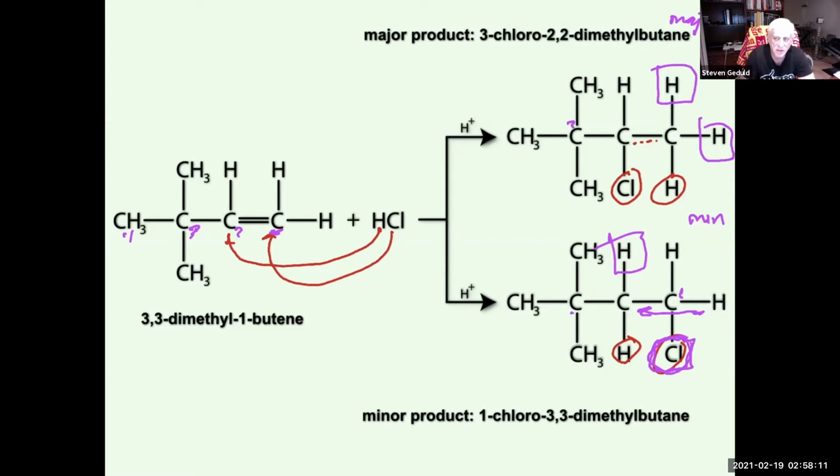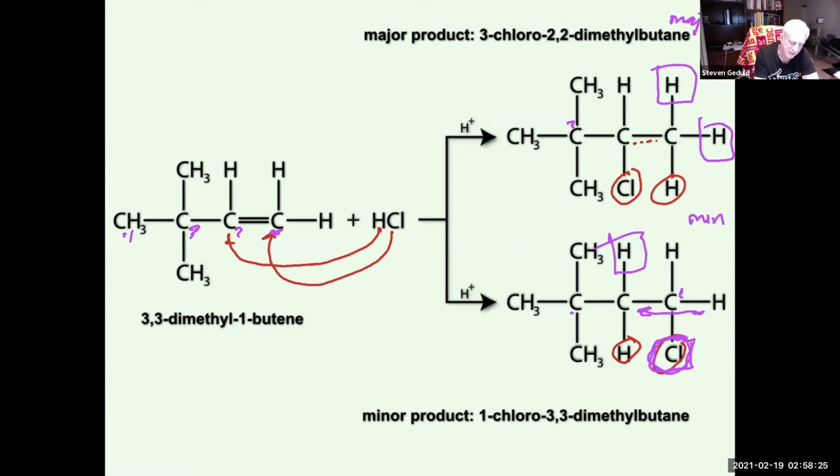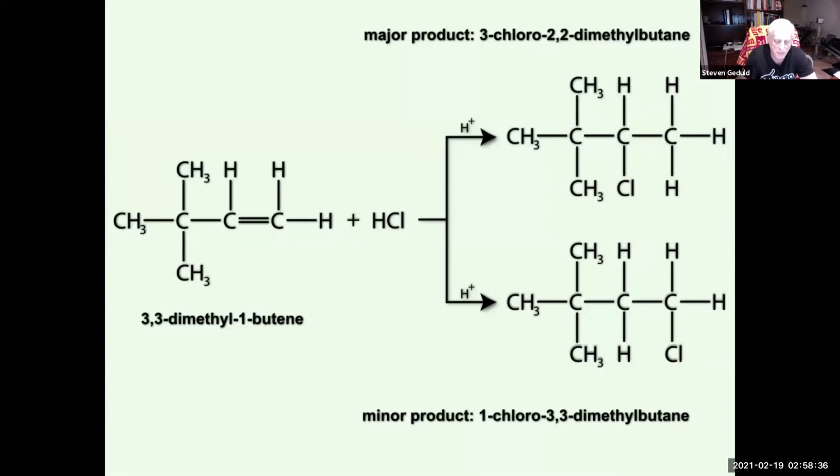Does that make sense? Or is that confusing everybody? Yeah, now I'm confused. Are you confused? Yeah. Okay, so let's go through it again. Let's get rid of some of these markings I have on here, so we can just see what we've got left over. If we're going to name the top compound, we're going to give the substituent the lowest number possible.